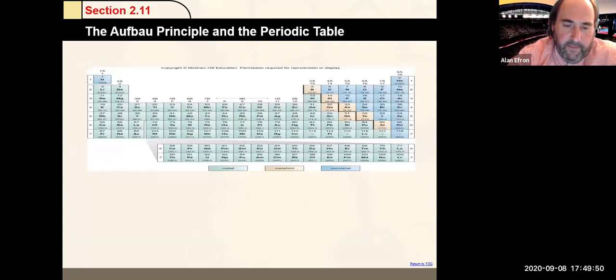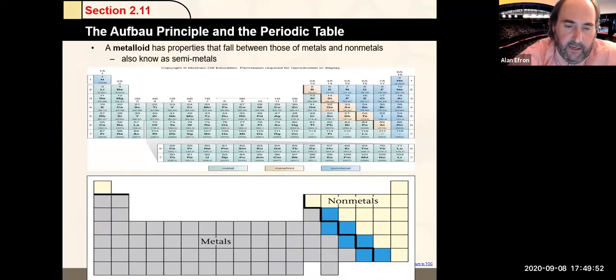The other part of the periodic table is what are known as metalloids or semi-metals. I think most people now go with metalloids, not so much semi-metals. It's this staircase that comes down here in blue. You can see on this periodic table they also include boron, which is here. I'm trying to remember if your book does or not.